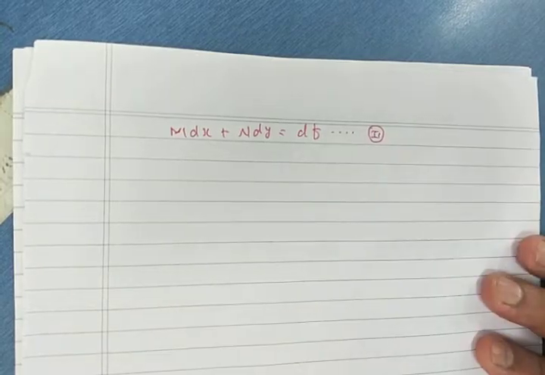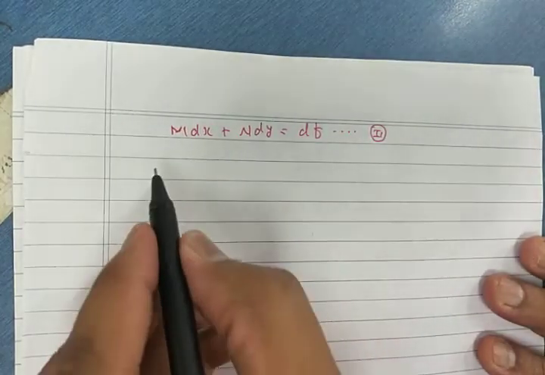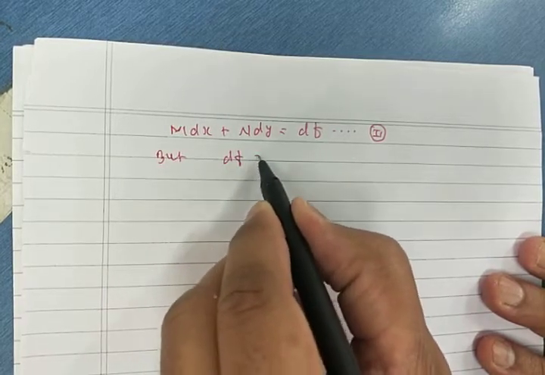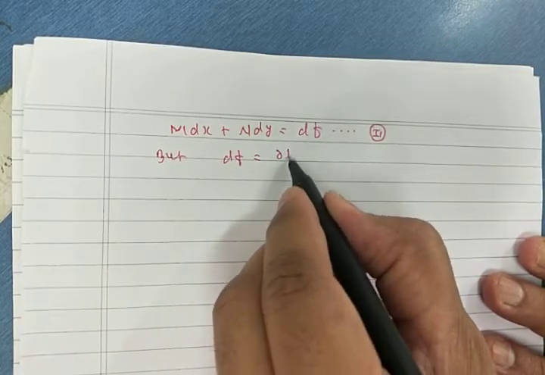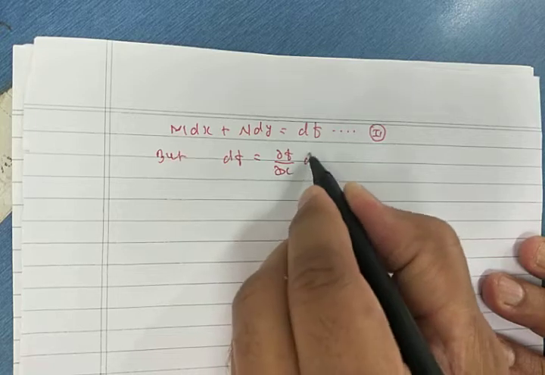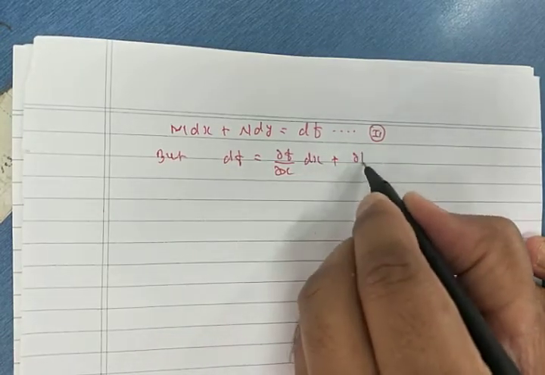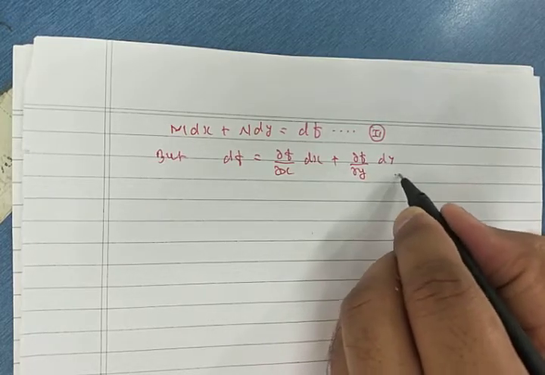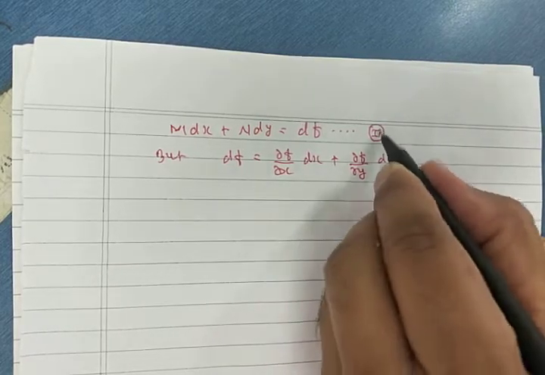Result number 1. But by total differentiation, df is equal to del f by del x into dx plus del f by del y into dy. Say this is 2, this is 1.